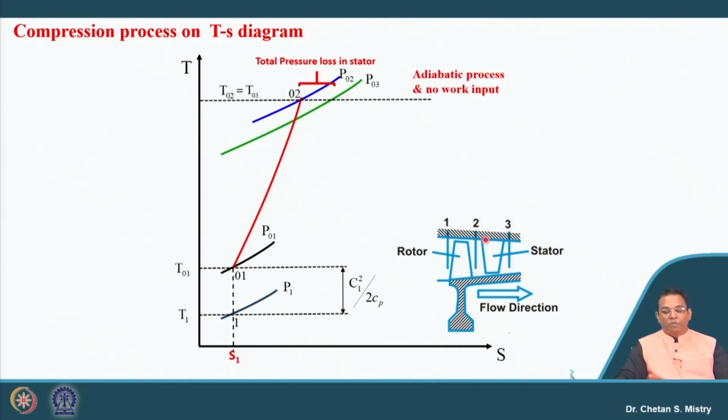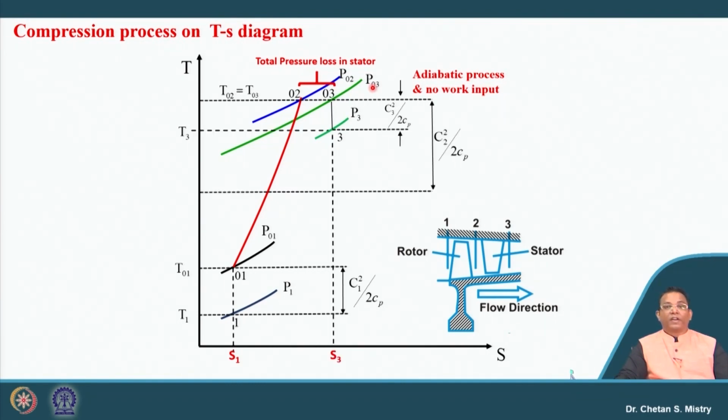Again, since this is a solid body where we will be having the frictional losses, that's the reason my total pressure will be dropping. And here this is representing my exit pressure from the stage. Now if I put this in terms of C3 square by 2 Cp, that gives me my outlet pressure from the stage, P3.